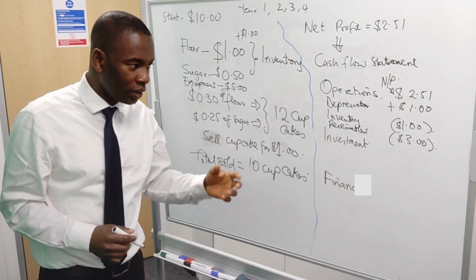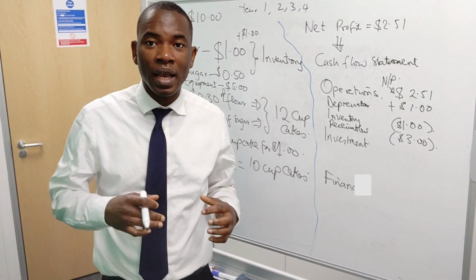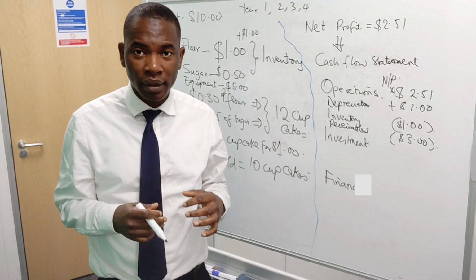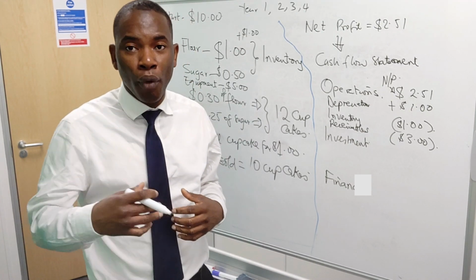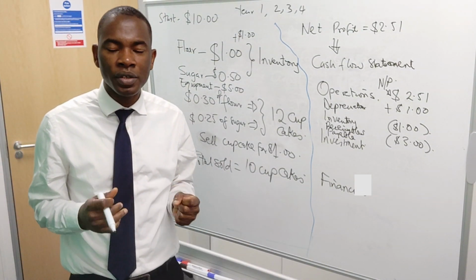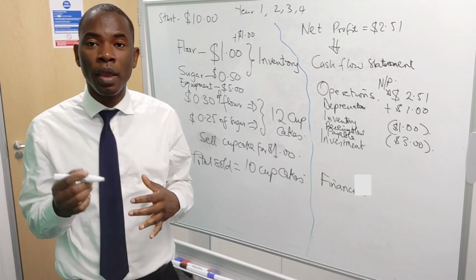Then the other one is payables. Sometimes businesses actually go out and buy things and they don't pay right there and then. So it's like they borrow. Let's assume they supplied us 20 cents worth of papers.